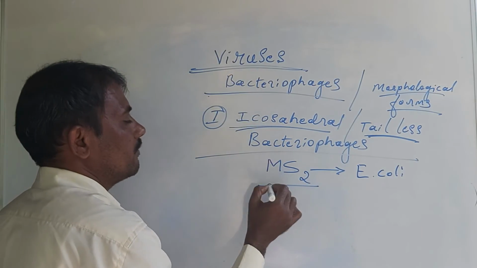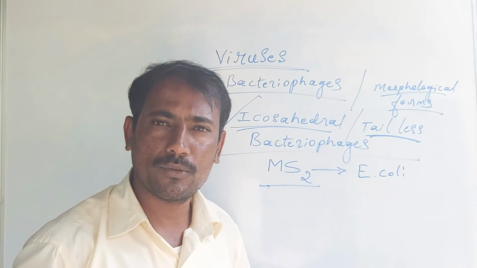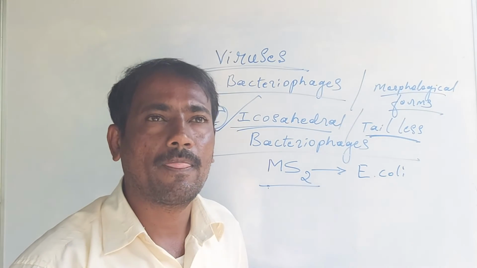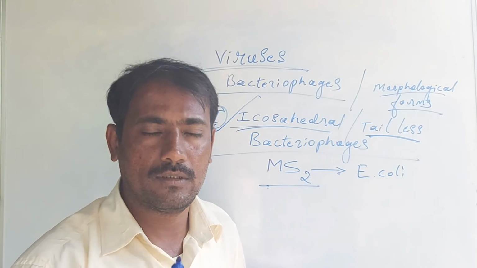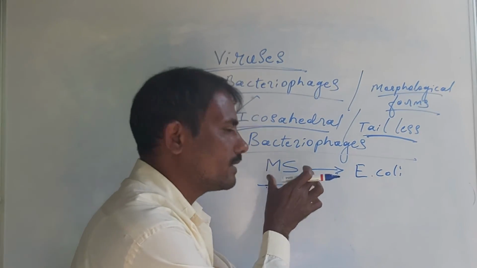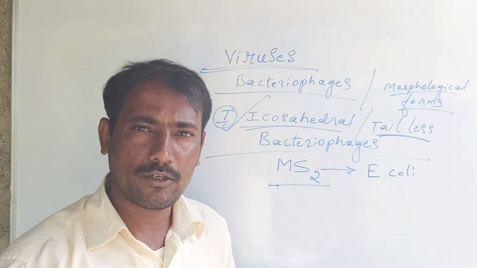This virus particle exhibits an icosahedral symmetry in the arrangement of the capsomers, which gives the shape of the bacteriophage. It is icosahedral.